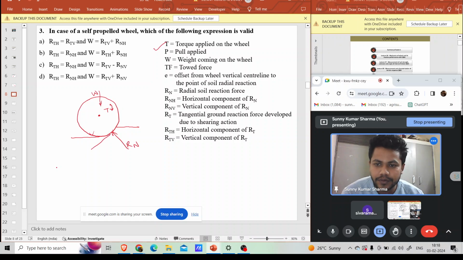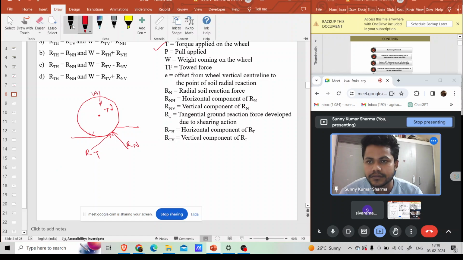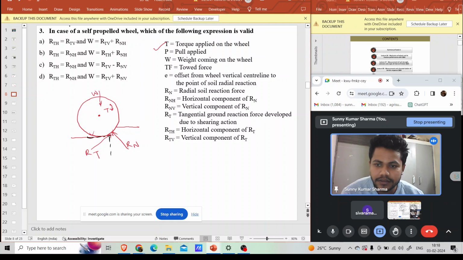The thrust developed by the tire and its reaction is denoted by RT. If we break it into components, this is the horizontal component of thrust, this is the vertical component, and in Rn, this is the horizontal component, this is the vertical component. So you have to tell which of the following expressions is correct.